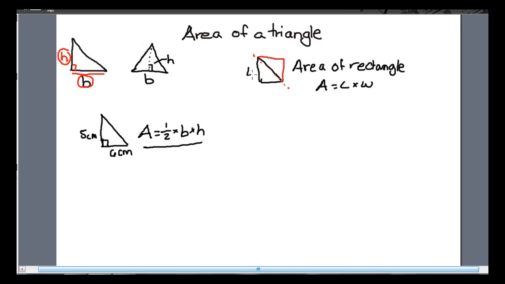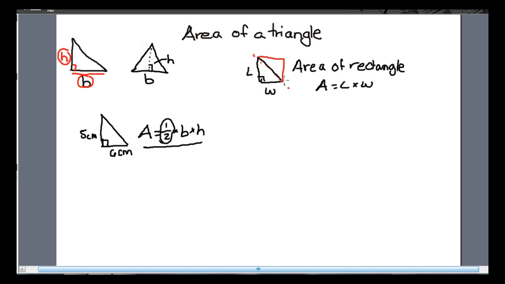And this here is our length, and this is our width. And this formula looks similar to this formula, except for one piece, which is different, this half. But if we look here, we can see there are two triangles put together to make a rectangle.